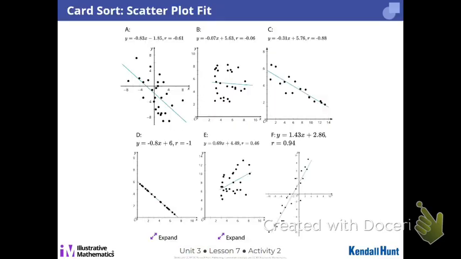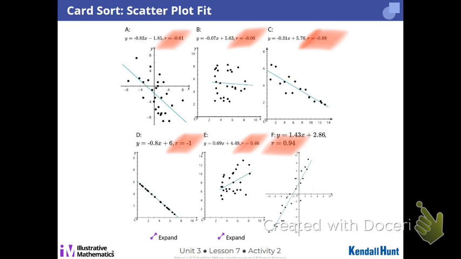All right, so we're going to formalize this a little bit more. So here's those lines of best fit. And what I need you to do next with your partner is focus on this number right here. This number is the correlation coefficient. And I want you to make some observations and inferences about what this number means in context.